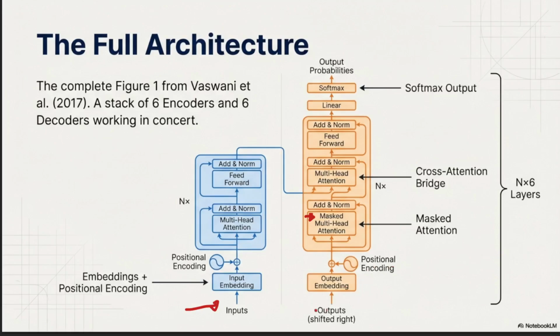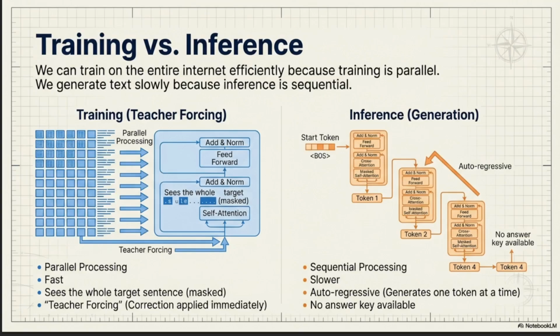And here on the right part, also 6 layers using masked attention and cross attention to generate the output. This unified structure, relying solely on attention, allowed for the massive performance jumps that we see in the modern AI era.